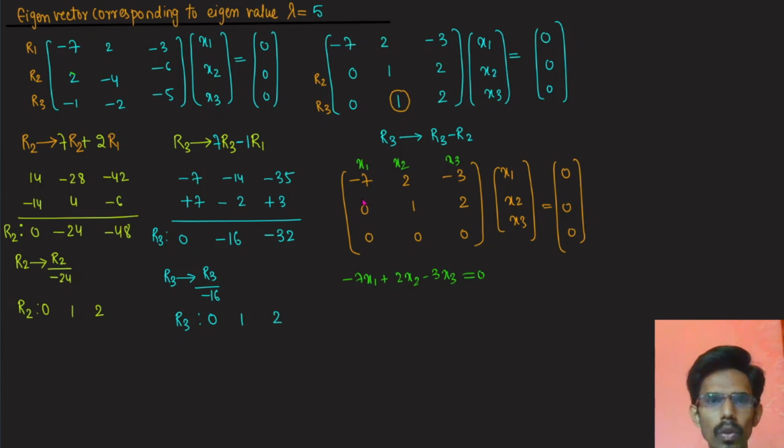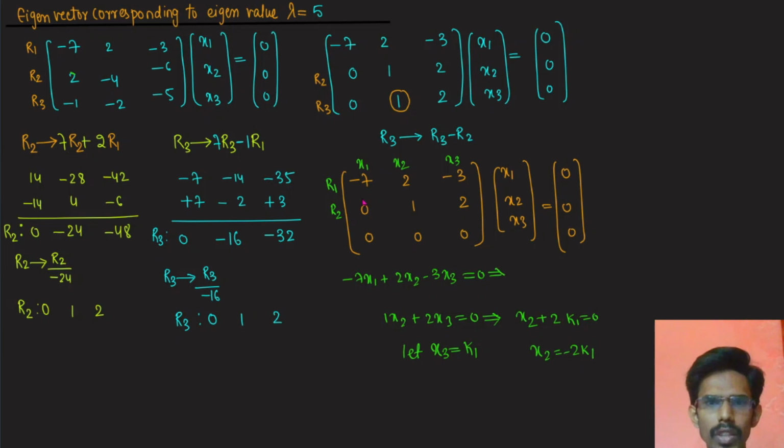Now the second row will become 1x2 plus 2x3 is equal to 0. Now let us take the value of this x3 as some constant k1. So from this equation I'll get x2 plus 2 times k1 equal to 0. So x2 will be minus 2k1.